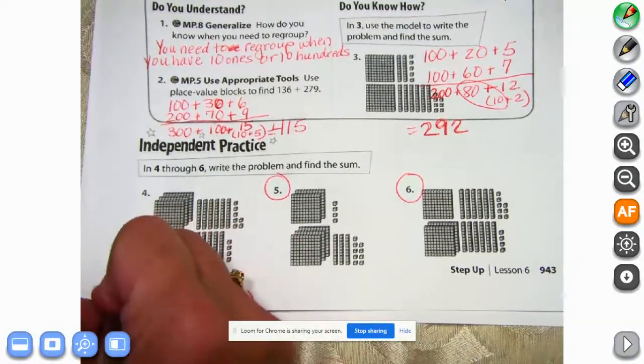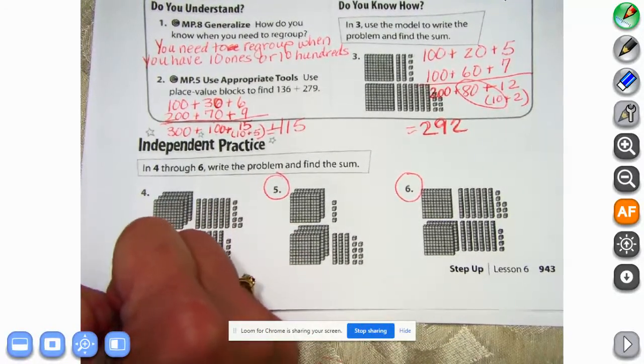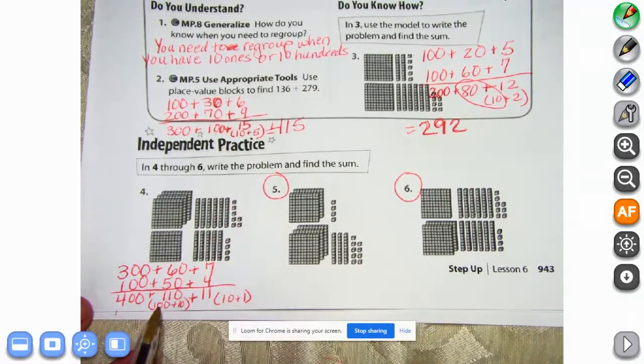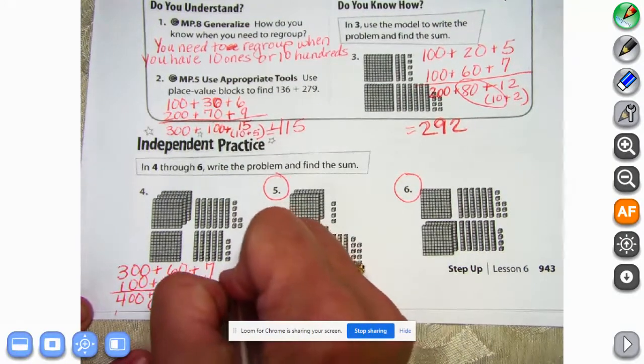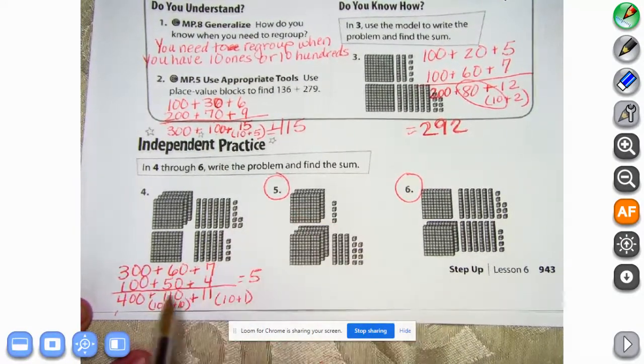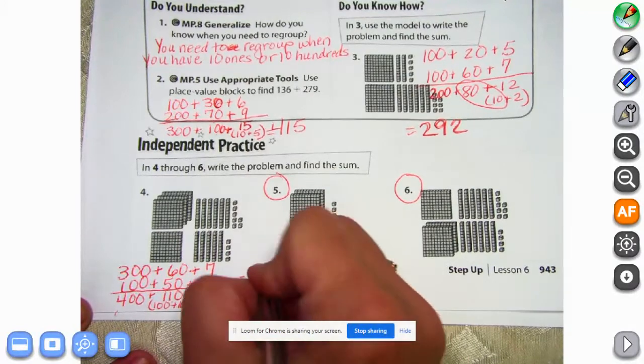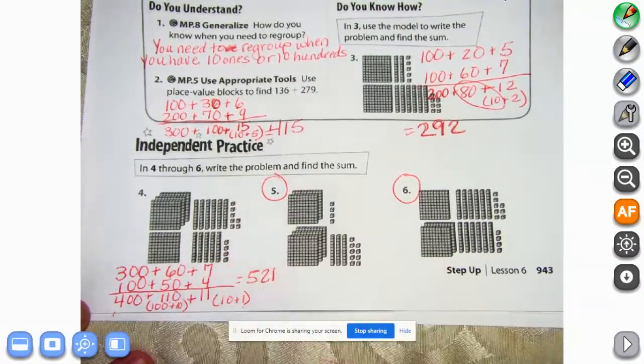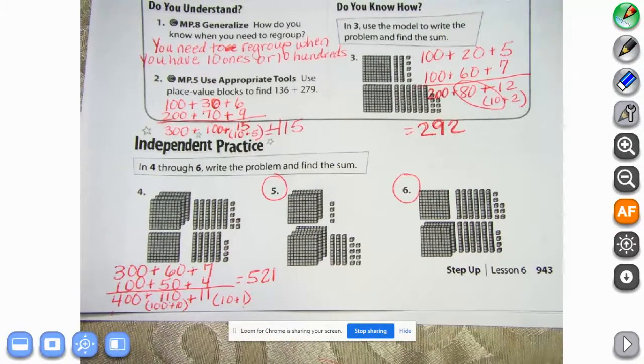And then 300 plus 100 equals 400. So as we're adding these across, we have 400 plus 100 is 500. 10 plus 10 is 20, and 1, 521.